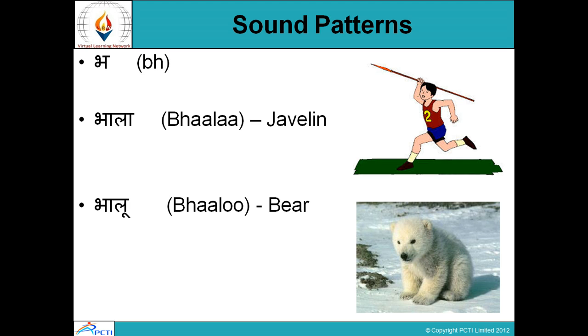Sometimes we put these kinds of arrows on the outer boundaries of our houses, in order to protect from thieves and robbers. So it is called javelin. Bhala is called javelin.